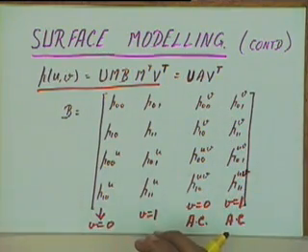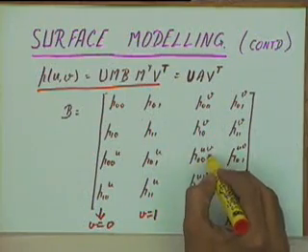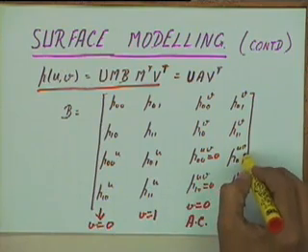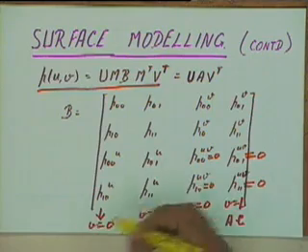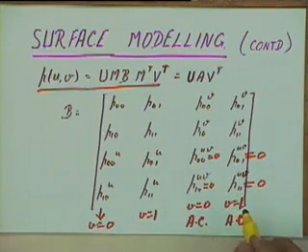Now, we also mentioned that if these 4 twist vectors are put equal to 0, in that case this is called a Ferguson patch or an F patch.